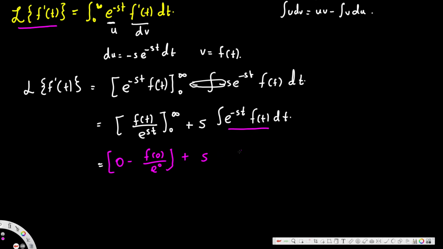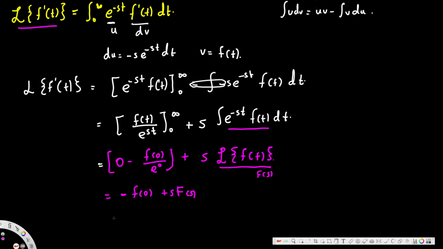So instead of this, we can just write it as the Laplace transform of f(t). Then e^0 is just 1, so we will have just negative f(0), and plus s times this whole thing, which is equivalent to F(s), we call this one F(s), so this can be written as s F(s).